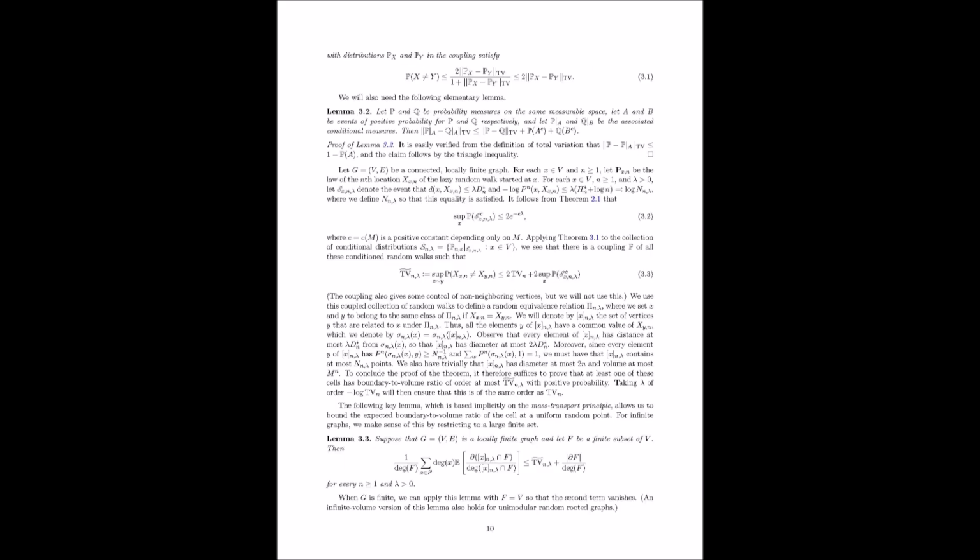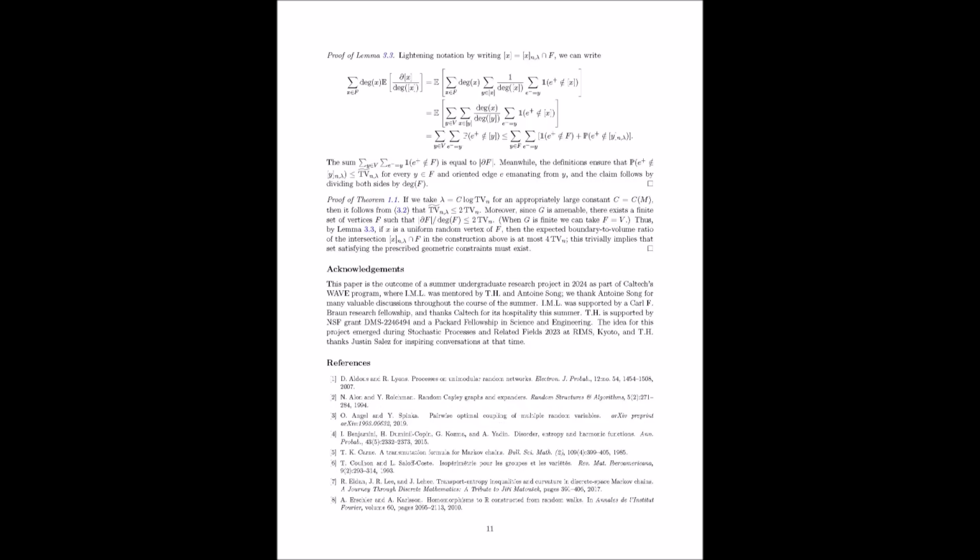The mass transport principle provides a way to track the movement of this fluid and derive global properties of the network, like its overall capacity or flow rate, from local information about how the fluid moves through individual pipes. So it's like having a way to see the big picture by zooming in on the small details.